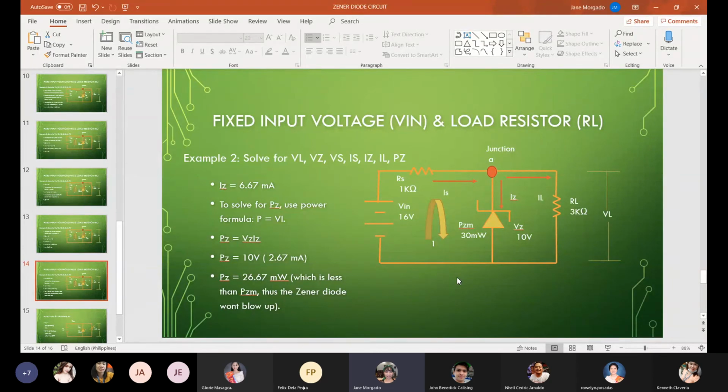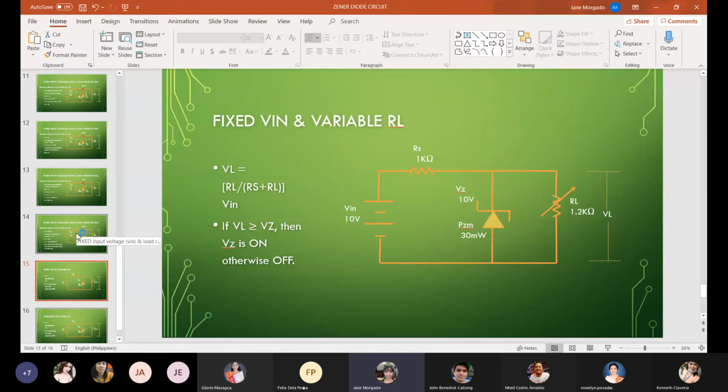Otherwise, iinit na rin sobra yan, di ba? Yung mga nagbo-blow up, yung mga pumuputok na capacitor, pero wala pa namang pumutok na Zener diode so far. Matibay talaga ang diode, mapa-rectifier, mapa-Zener. Okay? So, hanggang dyan lang muna tayo.